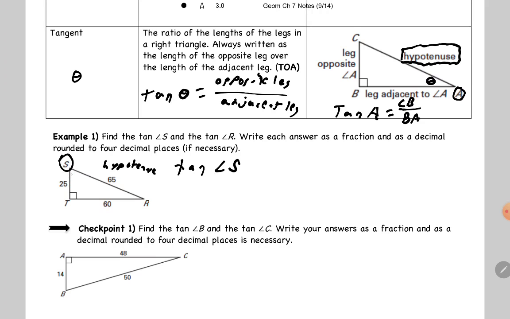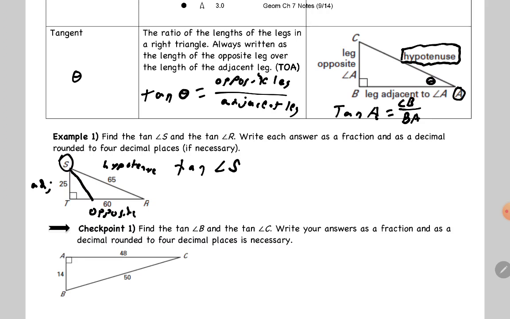Opposite side of S, I'll just go from my angle to the opposite side of the triangle. So my opposite side of S is 60.